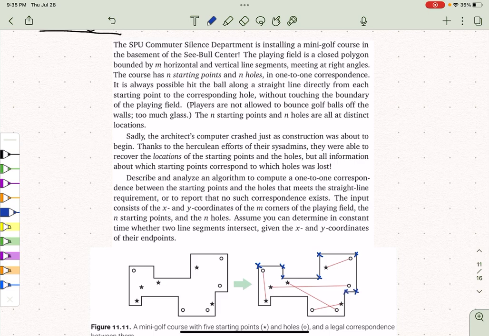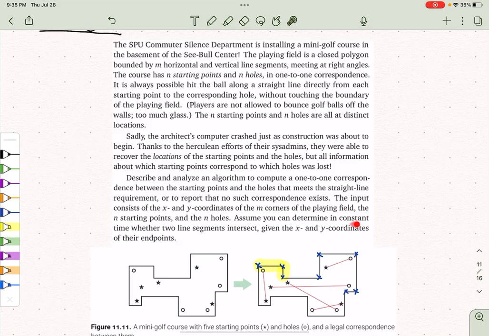But we do know that the borders are always meeting at right angles. And so we can always reconstruct the line segments from just the points. We're also given the n starting points and the n holes.